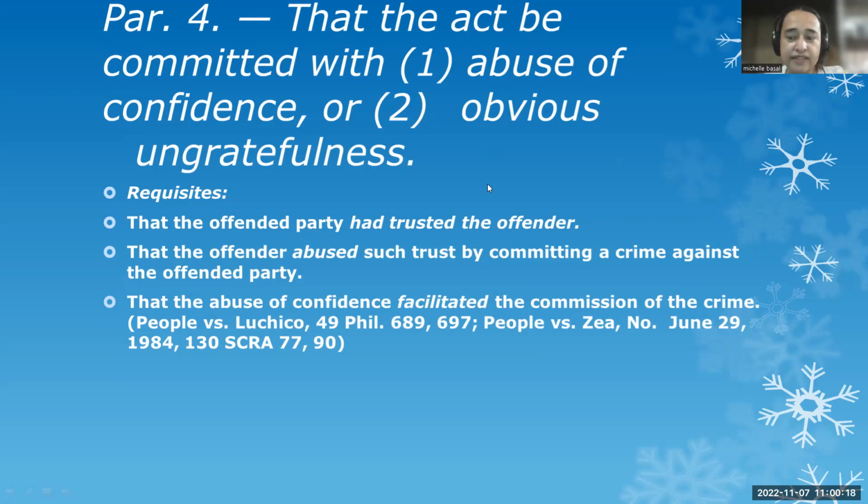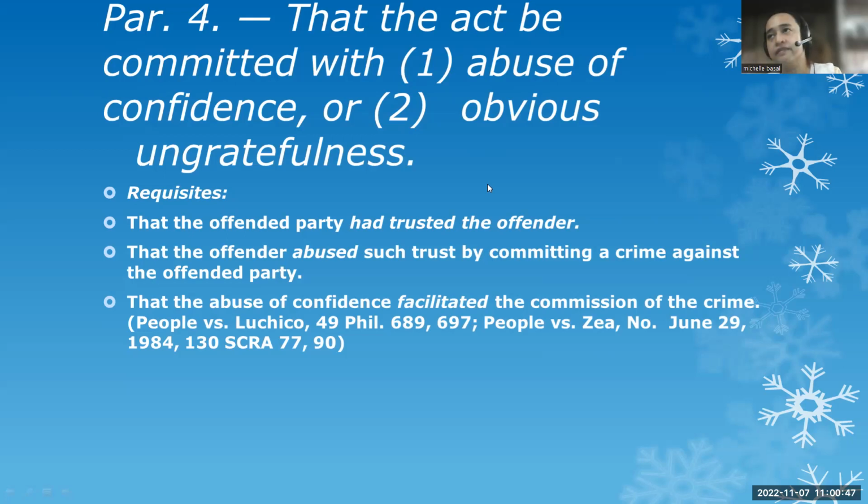But nonetheless, despite such trust reposed upon him or her, he or she still decided to commit the crime. So the first requisite is present there, that the offended party had trusted the offender. Number two, that the offender abused such trust. So the offender actually used such trust to gain access to such properties.